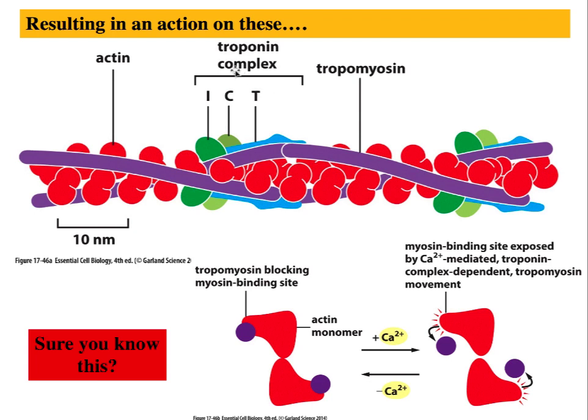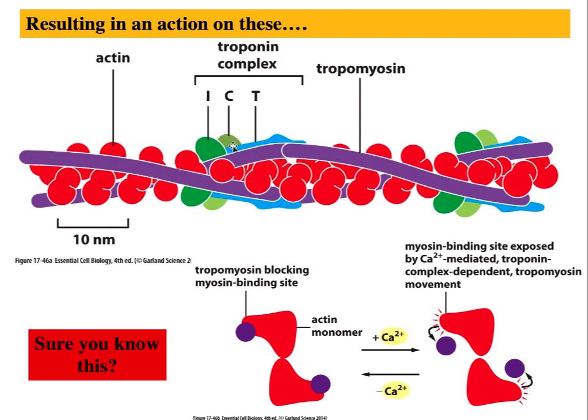And there's also a troponin protein indicated here that has many subunits that also sits in a groove between the tropomyosin and the actin.